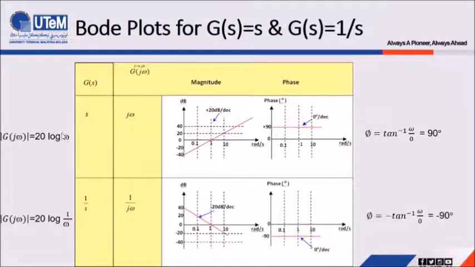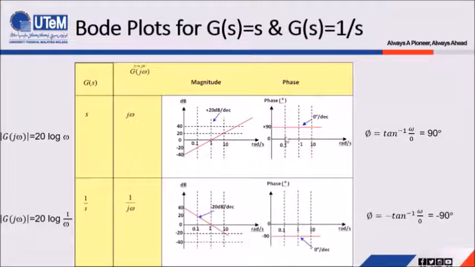And when we put omega equal to 1, that means 1 decade after, this equation becomes 0 times 20, so the result becomes 0. That means at 1 radian per second, the magnitude is equal to 0 dB. Based on these two results, we can simply draw this line that represents j omega.